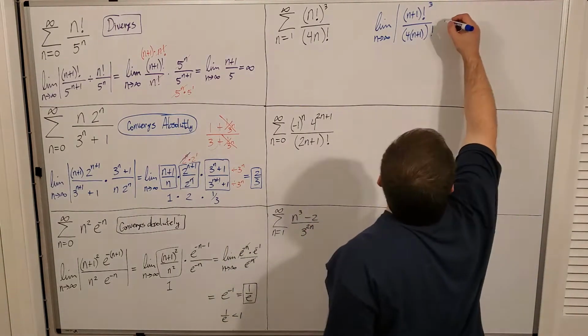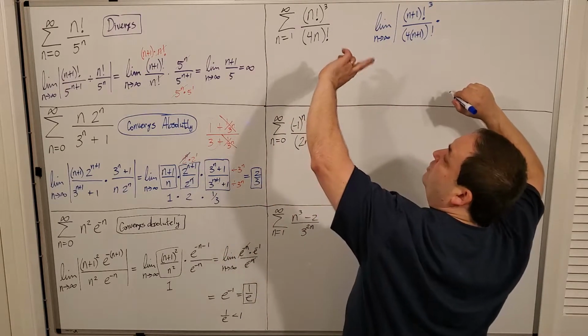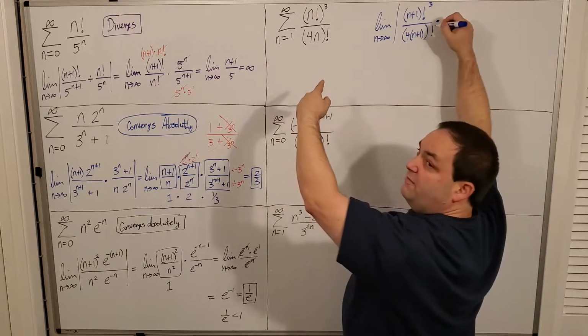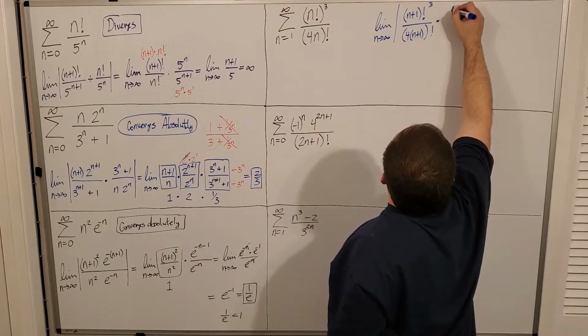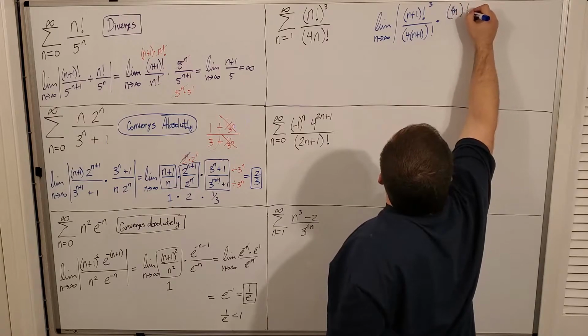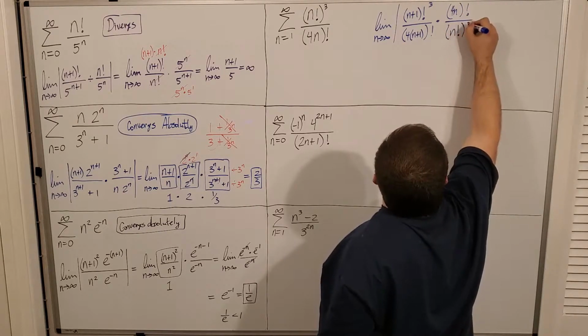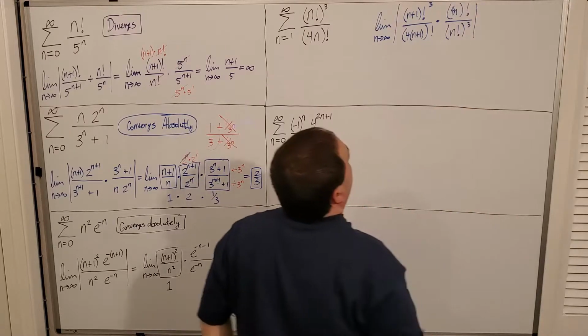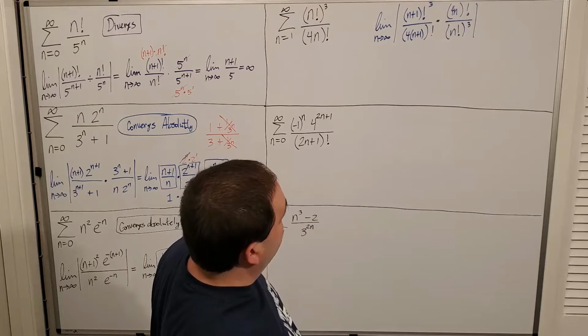So then times, I'm going to do the times because I'm going to do the reciprocal. This is actually dividing. I'm just taking one step extra here. So it's going to be 4n factorial and then n factorial cubed. Absolute value like that. Okay, so that's my initial setup here.